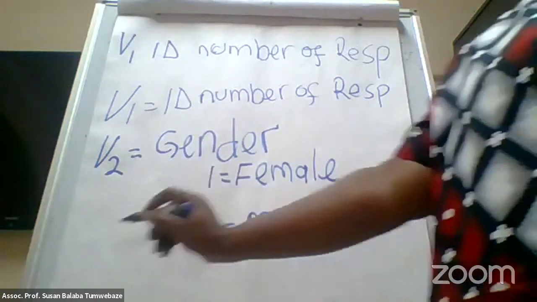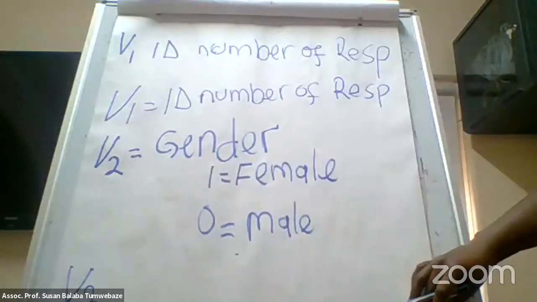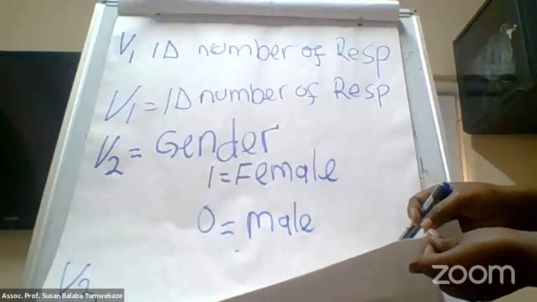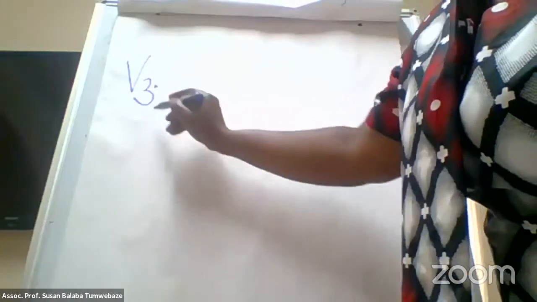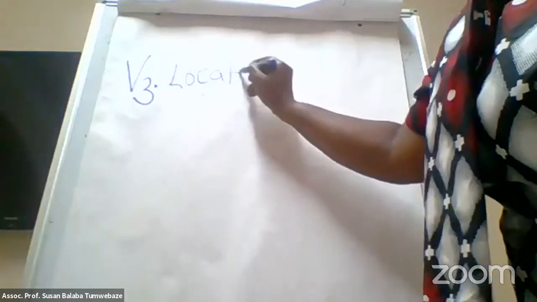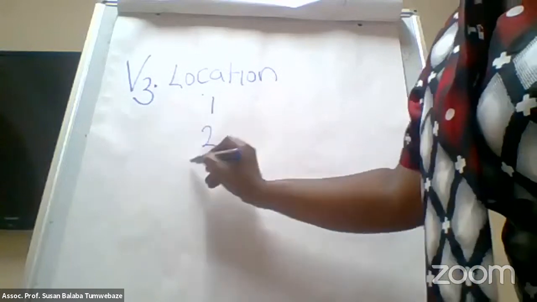So we can have variable 3, but I don't think you see the lower bit of it. So let me go to another page. We are going to have variable number 3, and it's going to be location. And under location, I'll have 1, 2, and 3.